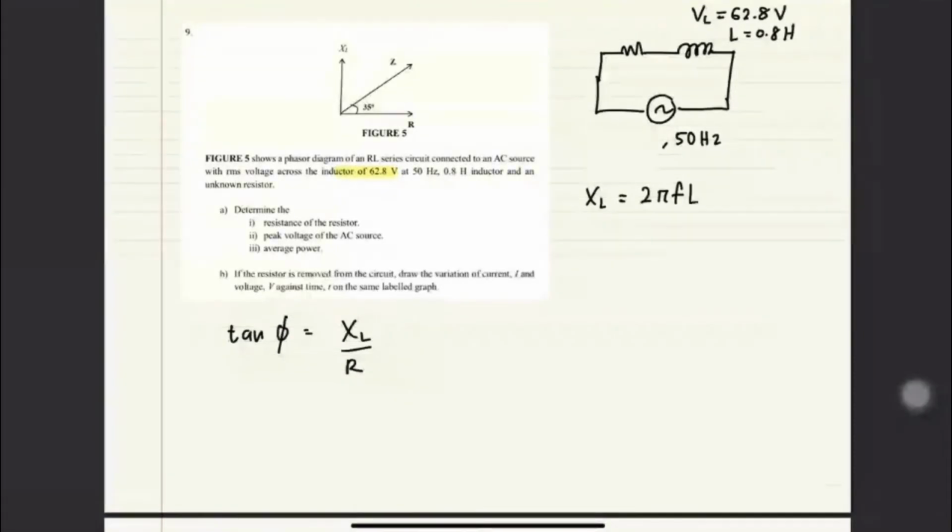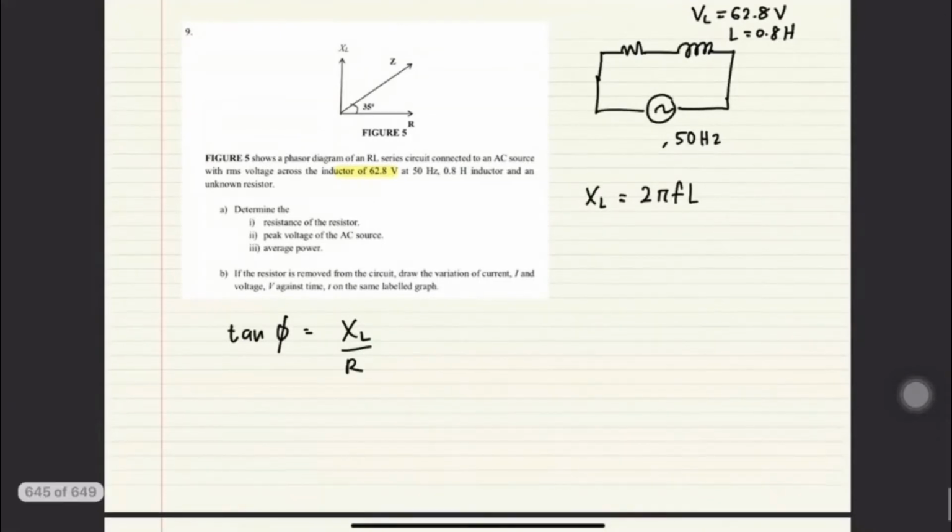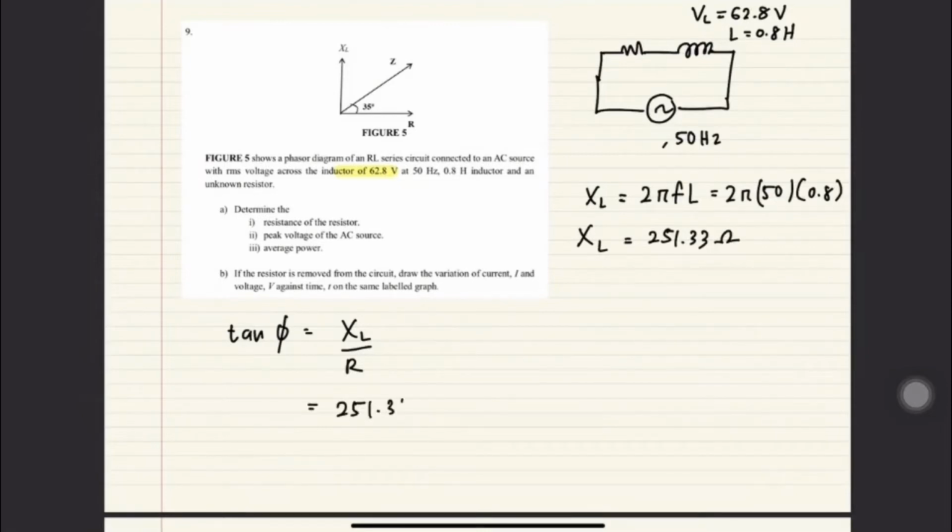Okay, so I can calculate over here, XL equals 2 pi FL. This comes from the formula sheet. So this one is 2 pi times 50 times 0.8. If you calculate your XL, you should get 251.33. And this value I substitute back inside here, the tangent 35 degree.